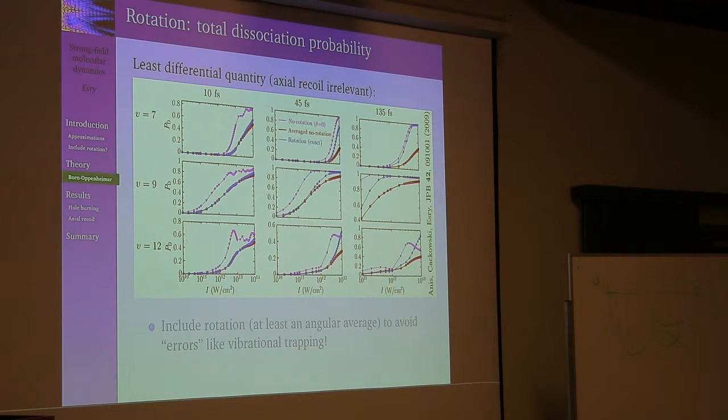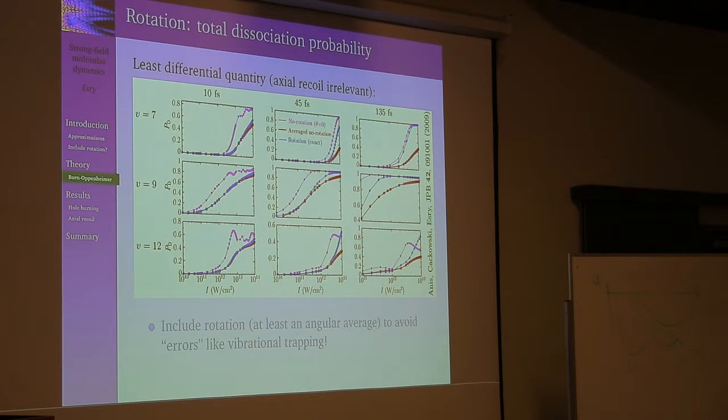If you actually do calculations now, we can calculate, say, from different initial vibrational states, the total dissociation probability. What I'm showing here is exactly the total dissociation probability as a function of intensity. Notice the scale is different in these different plots for 3 different pulse lengths.